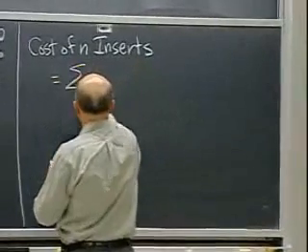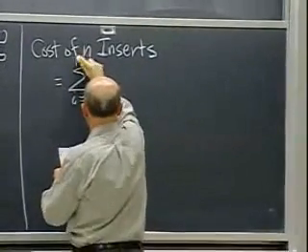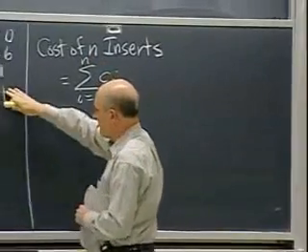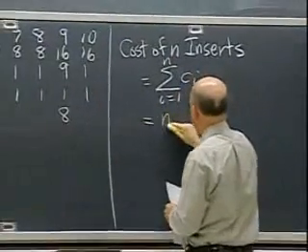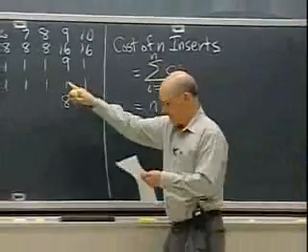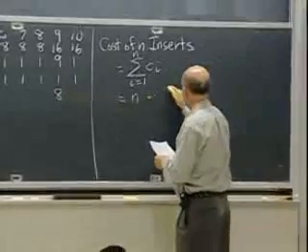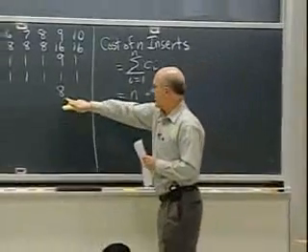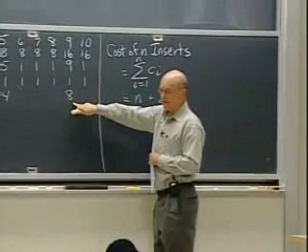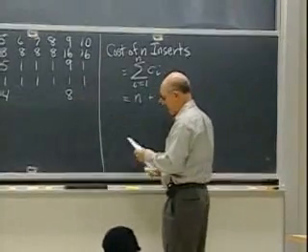That's just the sum from i equals 1 to n of c_i, which, by this analysis, is essentially n, because that's what this adds up to, plus I just have to add the powers of 2 up to but not exceeding whatever my n was.